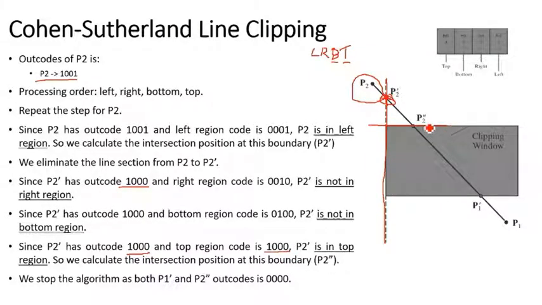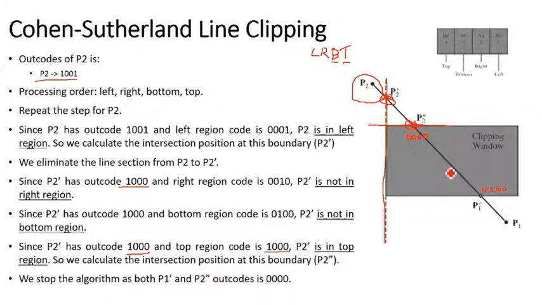So I'll take this line P1 dash to P2 dash and find the intersection with this top edge, and I'll call it P2 double dash. And then I'll calculate the P2 double dash outcode. This outcode will also become 0000 because it will be inside, and P1 dash is also already 0000.